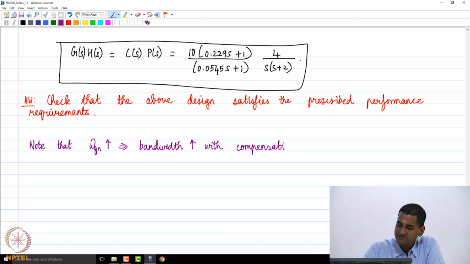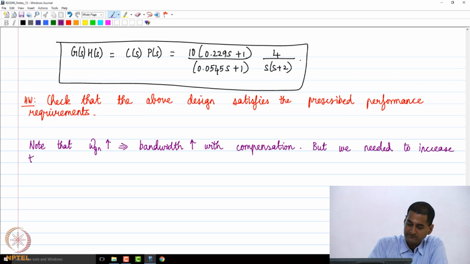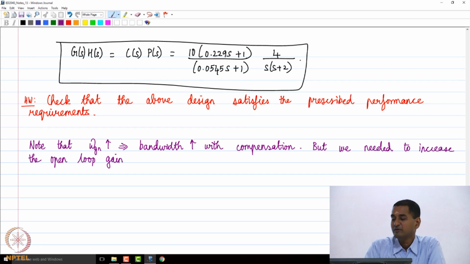So the price was that, if you go back and think about it, we needed to increase the open loop gain. What I mean by open loop gain is, you take the steady state value, you take kV.